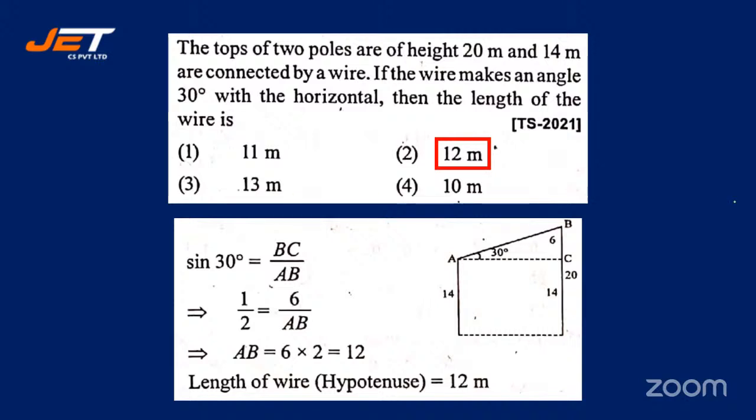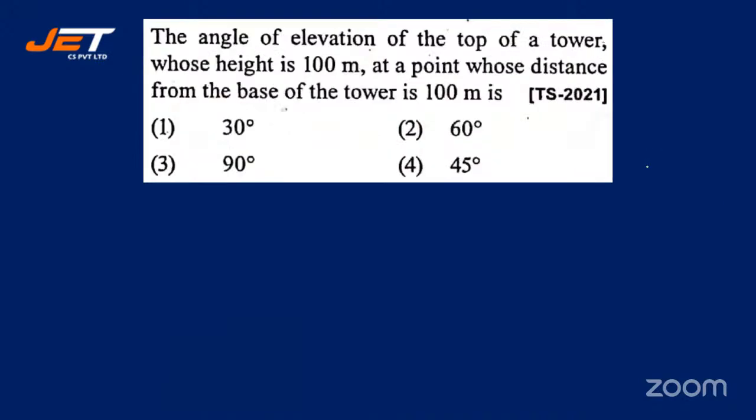Okay, now let's move on to the next question. The angle of elevation of the top of a tower whose height is 100 meter, at a point whose distance from the base of the tower is 100 meter, is dash. Right? So here also you should just understand.